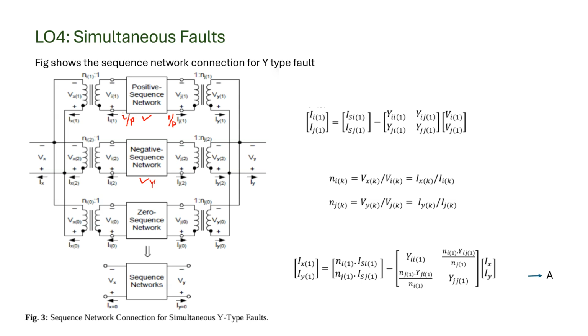These two-port networks are defined with Y parameters, and here also the input port represents the fault at one location and the output port represents the another fault location. Similarly, zero sequence network is a two-port network of zero sequence passive network of the system seen from the two fault locations. Now, all these are connected in parallel through these transformers.